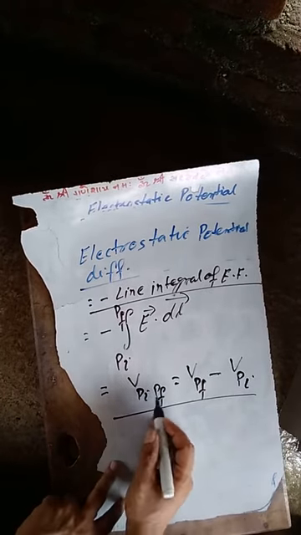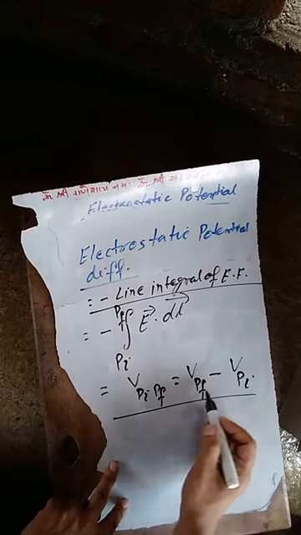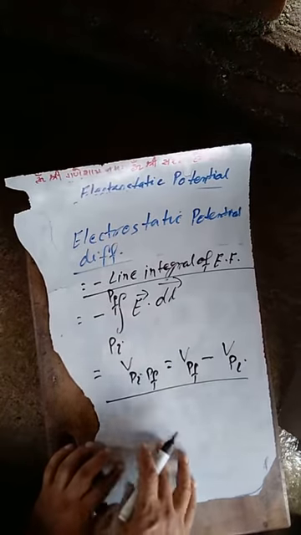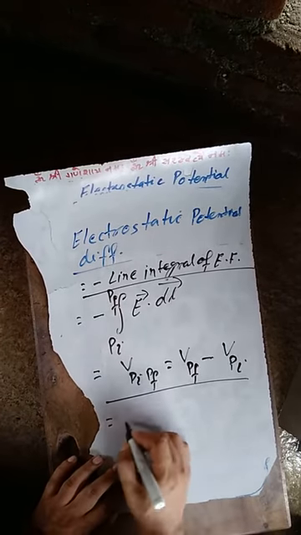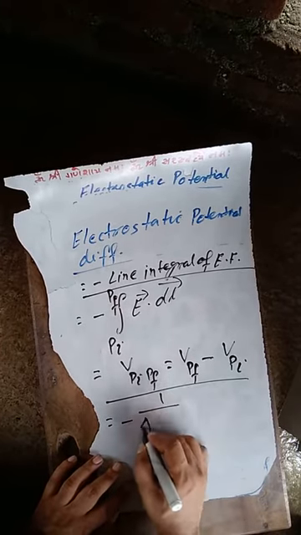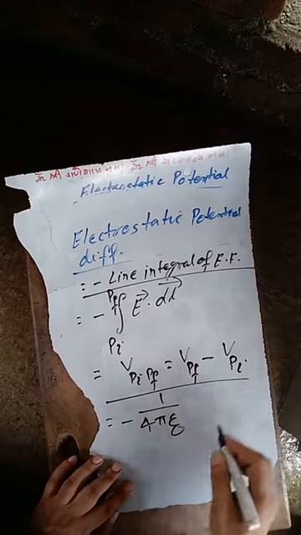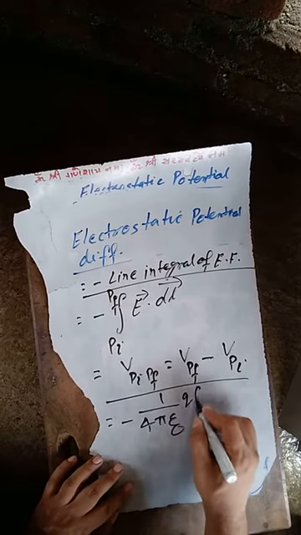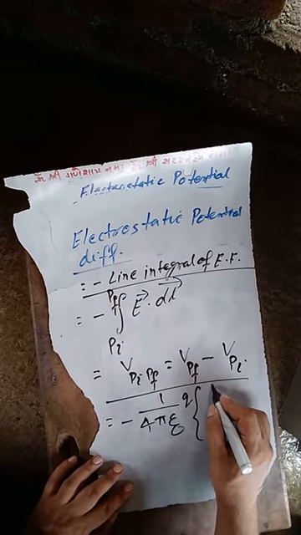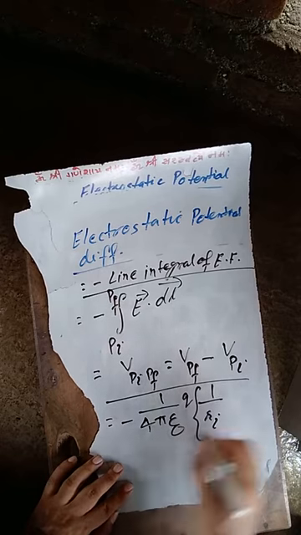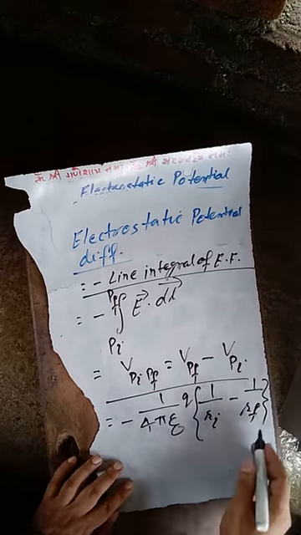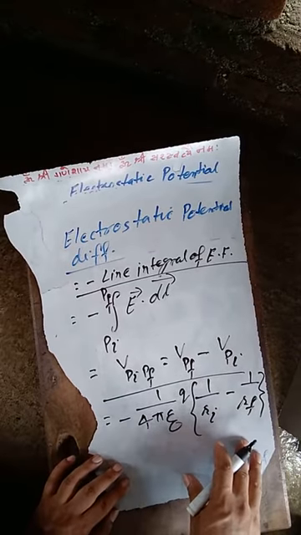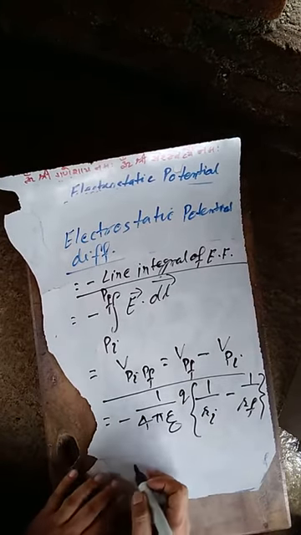So V Pi Pf is final minus initial, and this is equal to, we know that, negative minus 1 by 4 pi epsilon naught Q into 1 by Ri minus 1 by Rf, where Ri and Rf are position vectors of Pi and Pf.